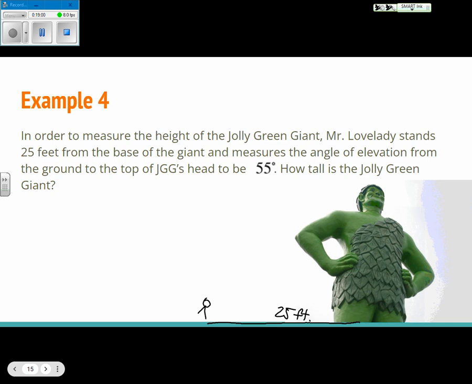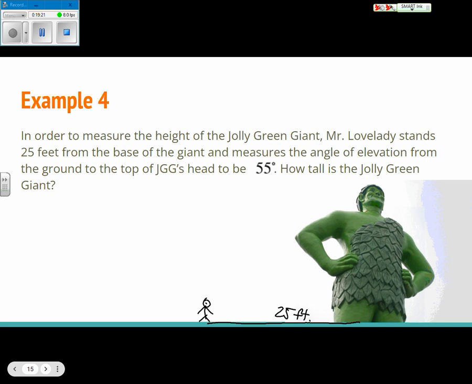Here's Mr. Lowlady right here, a bald head, big teeth. It's just a dot. And then I'm measuring the angle of elevation from the ground this time, so not from my eyes, but from the ground to the top of the Jolly Green Giant's head, to be 55 degrees.